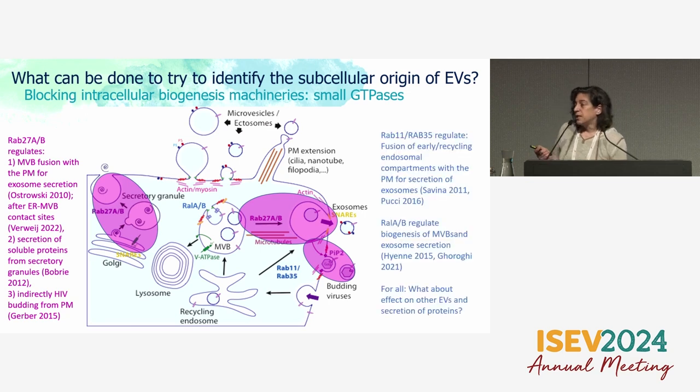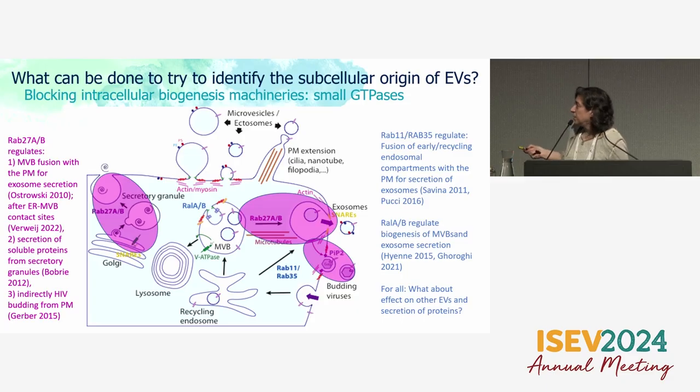So it's probably the same kind of issue that can happen in the other studies where people have used blocking RAB11 or RAB35, which are RABs mostly associated to recycling or early endosomes, to block secretion of EVs, or RAL-A or B that is mostly involved apparently in regulation of biogenesis of MVBs, but maybe also in other things.